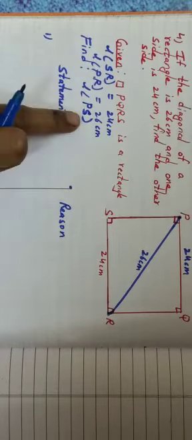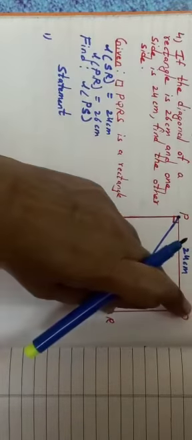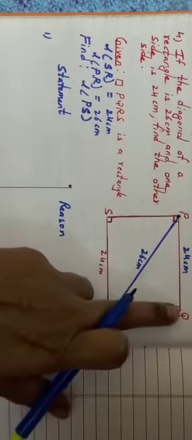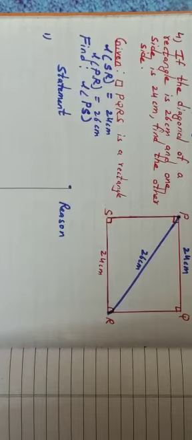So any one if you mention, it will be enough. We can mention QR also. But if we are showing QR, then we will draw like this one more diagonal. Okay, but which is not needed because for a square and a rectangle, diagonals are congruent only. So same answer you are going to get.